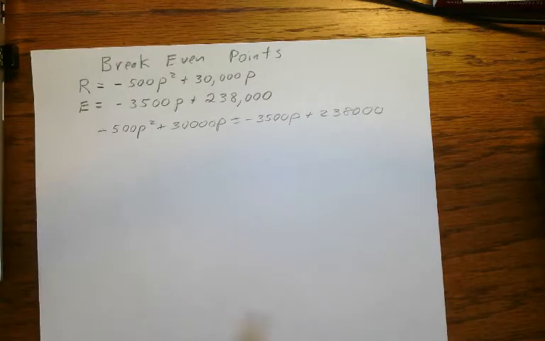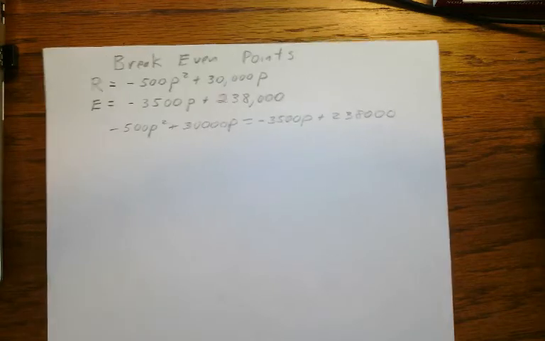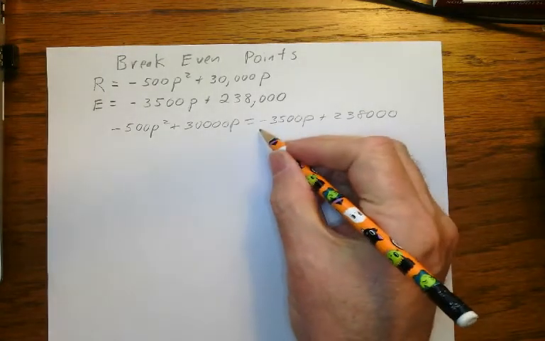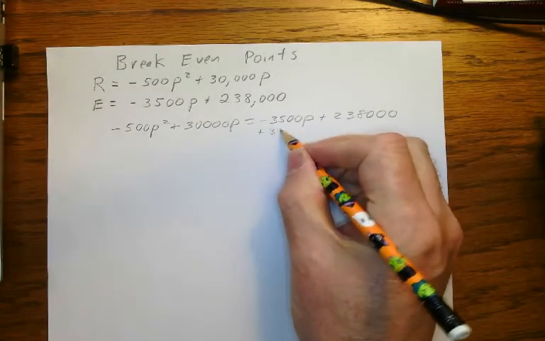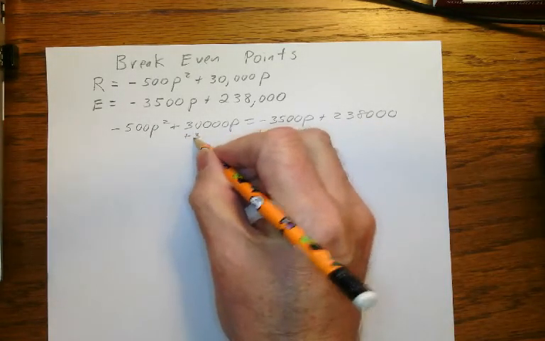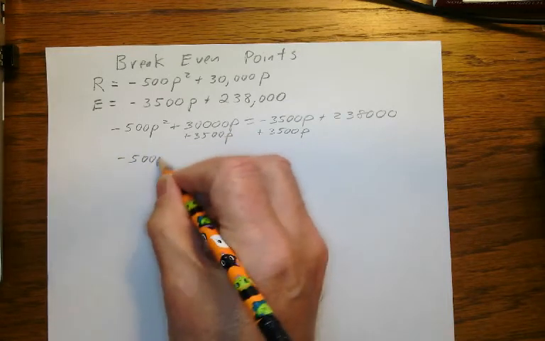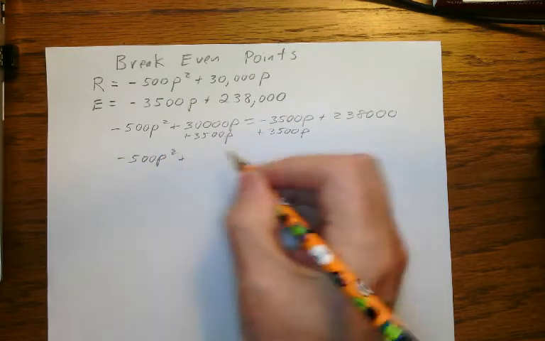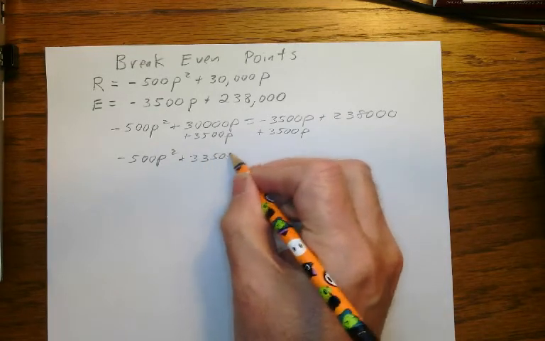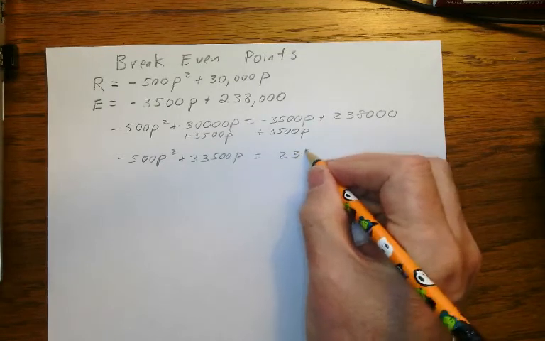Well, what we're going to do is put this quadratic equation into standard form. You may recall that. What that means is the quadratic equation is set equal to 0. So the first thing I'm going to do is add this p term to this one, and we have minus 500 p squared plus 33,500 p equals 238,000.